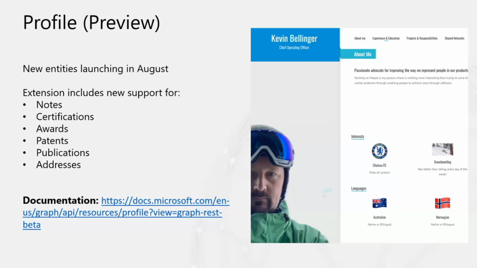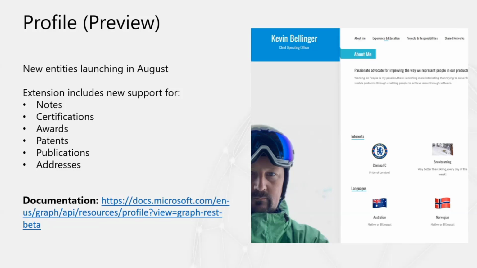If I talk about Profile Preview, the Profile entity we announced at Ignite last year, we've been steadily working on that for the past 6 or 7 months, and we've been getting a lot of great feedback from you, our customers. As a result of that feedback, we've added some entities. Some of these will be very familiar. Some of them are things that have cropped up since Ignite last year.